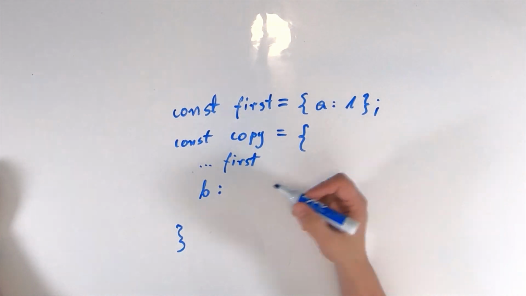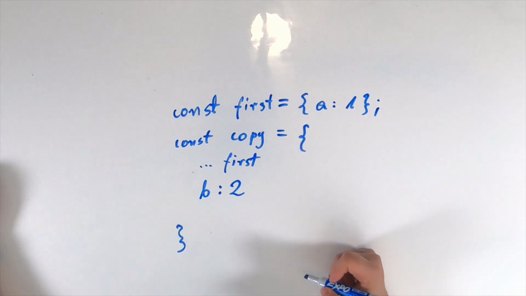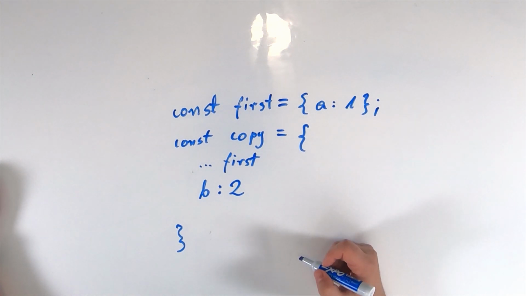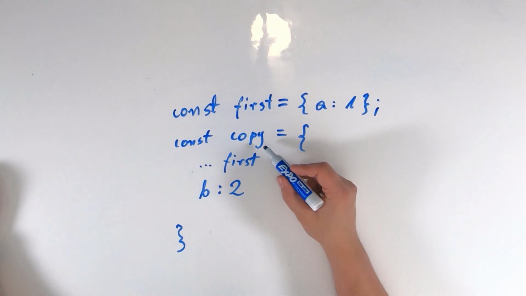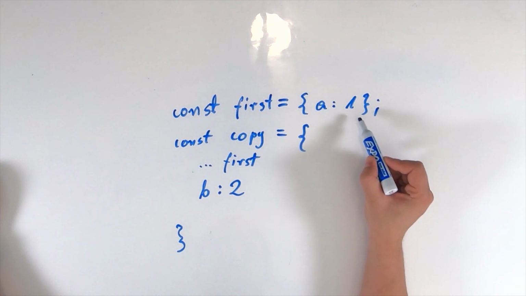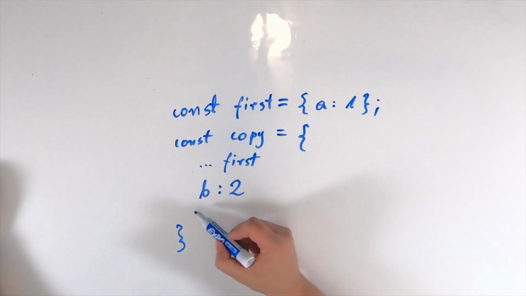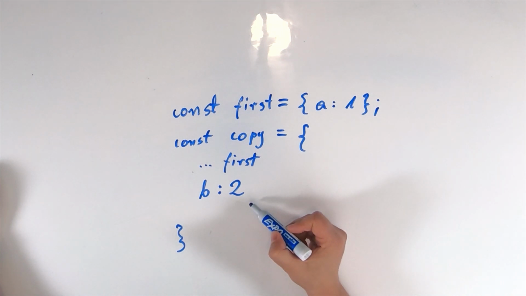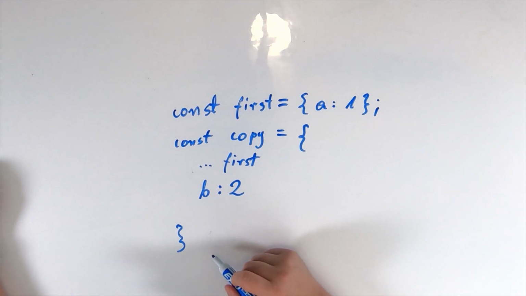Let's say b equals 2. And this is our copy. Now the copy object has a copy of the a property of the first object, and a new property added with the declaration of the copy object. Because primitive values are passed by value and not by reference, changing the a property on the copy object won't change it in the first object. This way you can create a shallow copy of an object.